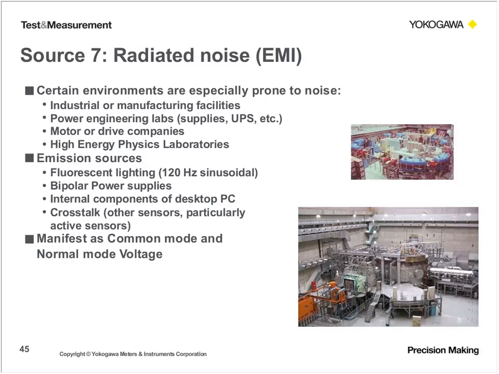The radiated noise will typically manifest itself as either the common mode noise that we talked about earlier, or it will appear as a combination of both the normal power line noise as well as the common mode noise.